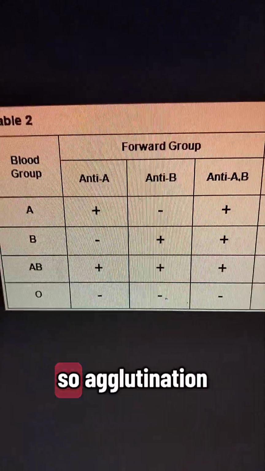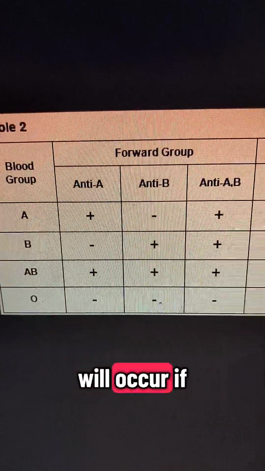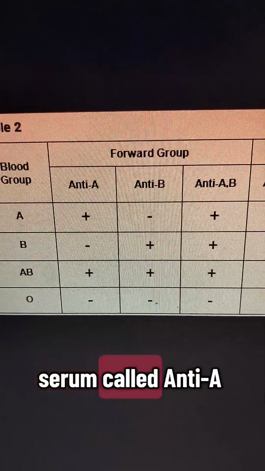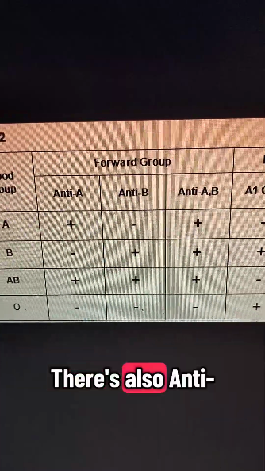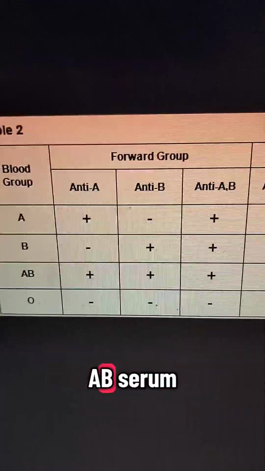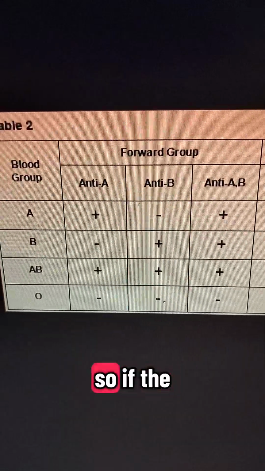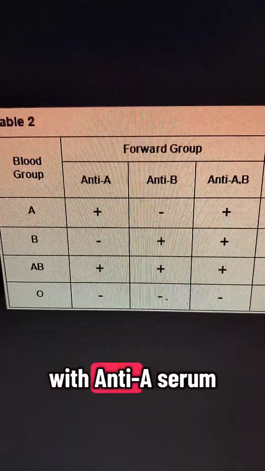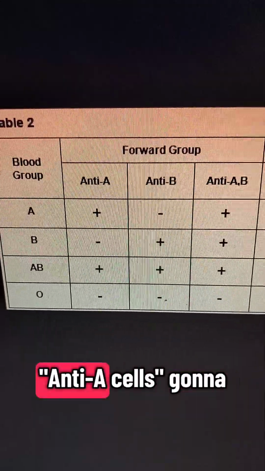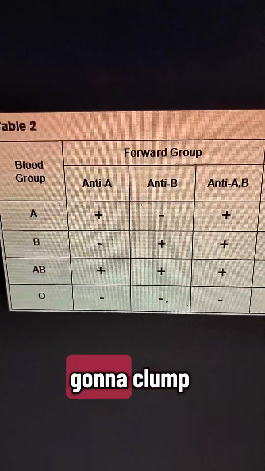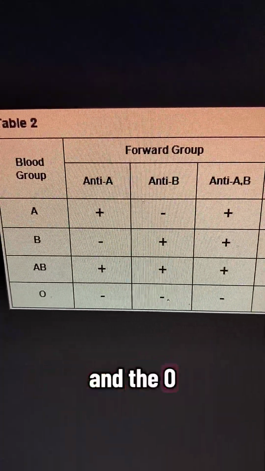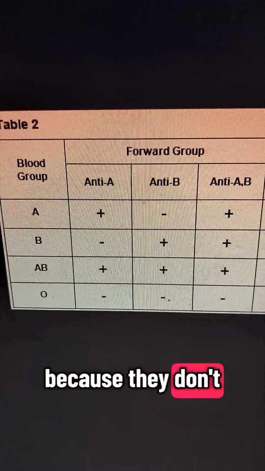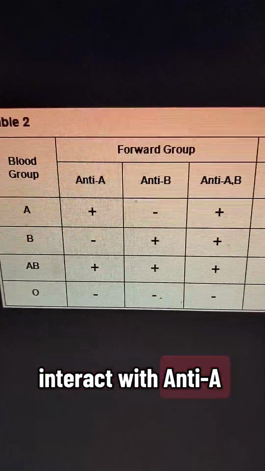So, agglutination will occur if you mix a serum called anti-A. There's also anti-B and anti-AB serum. So, if the patient has A cells and it's mixed with anti-A serum, the cells are going to be attacked and clump, and the O cells will be at the bottom because they don't interact with anti-A.